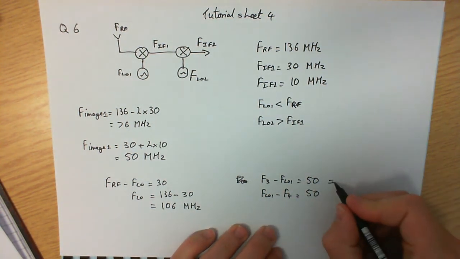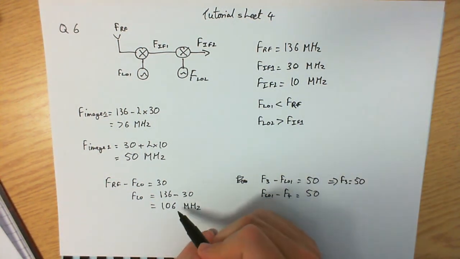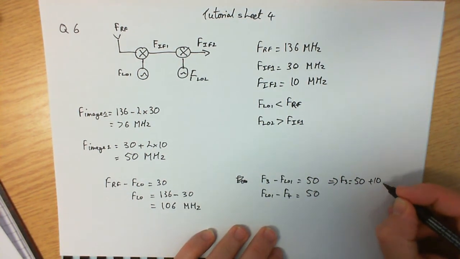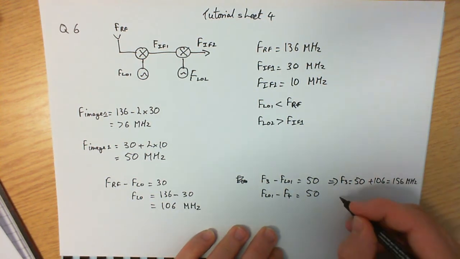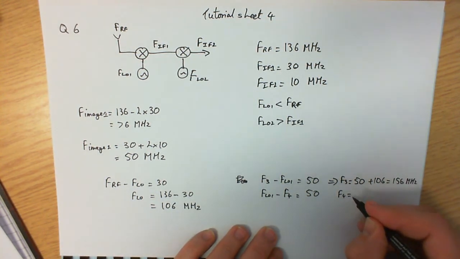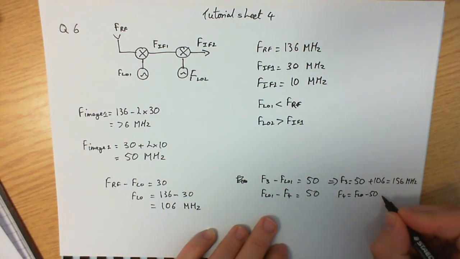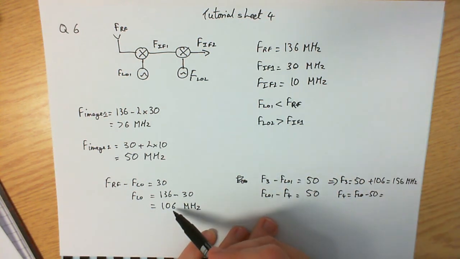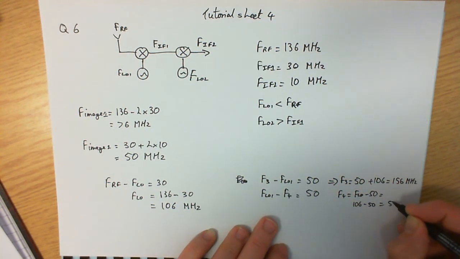So from this we have that F3 is going to be 50 plus our local oscillator 106, so that's 156 megahertz, and F4 is going to be our local oscillator minus 50, which is obviously 106 minus 50, which is equal to 56 megahertz.